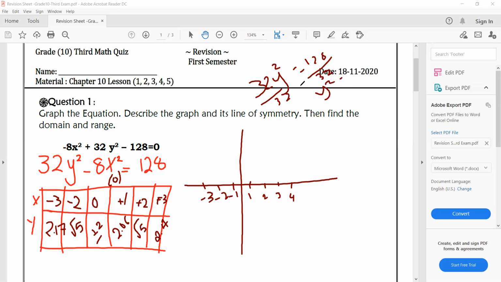You will find the value of y squared. Then square root, you will find the value of y, which is 2. But teacher, in negative 8x squared, it will be x squared equal negative 16. So it will be an imaginary number, right? You mean I put y 0, yes. Yeah. Okay.